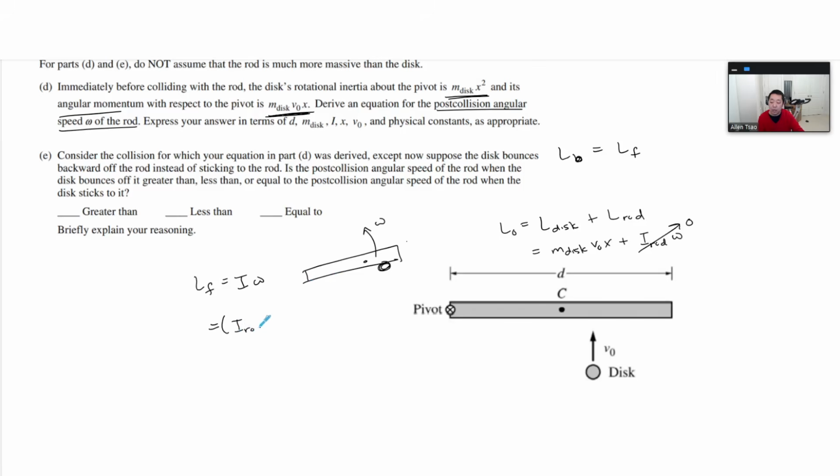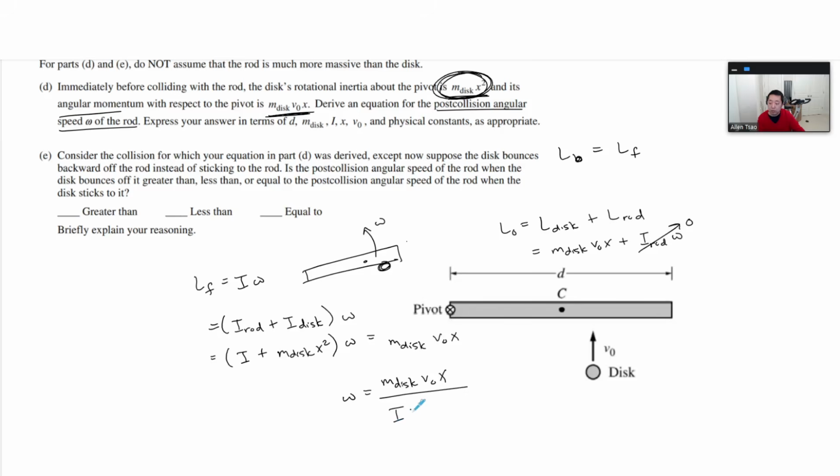It's the I of the rod plus the I of the disk, because they're together and both rotating with the same angular velocity. So the I of the rod was just I. The rotational inertia of the disk, they give you right here, times omega. And that has to equal the initial angular momentum, m_disk v0 x. Then you can solve for omega by dividing through.